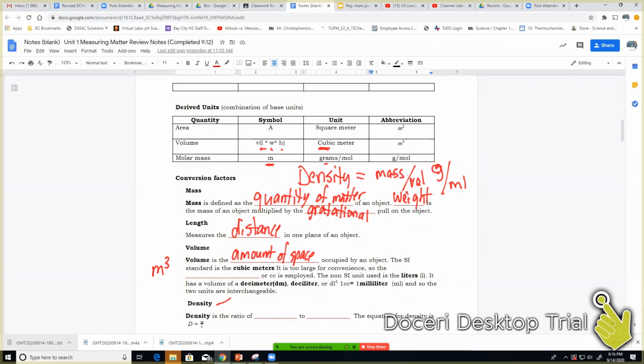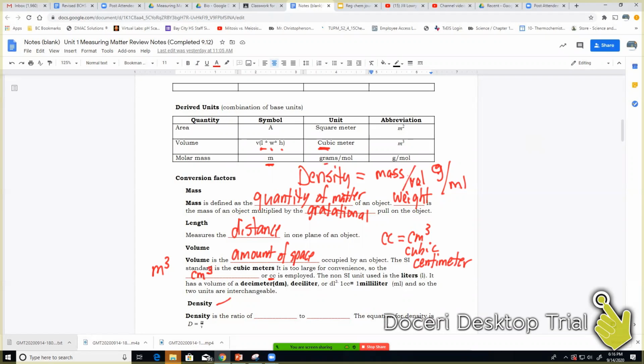So we instead use the cubic centimeter, cm cubed or cc. So cc is equal to cm cubed, which is the cubic centimeter.